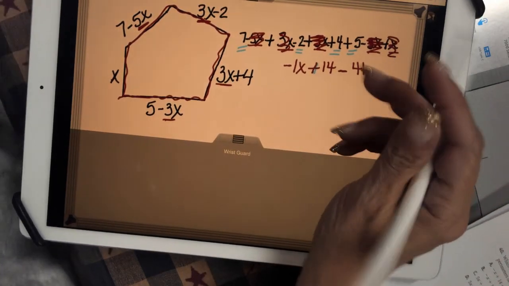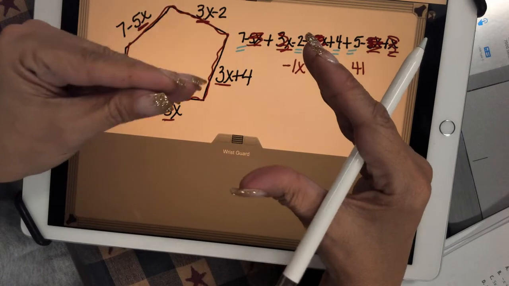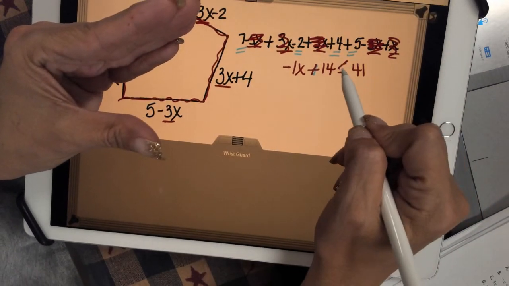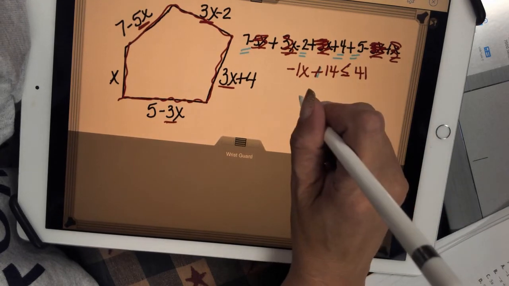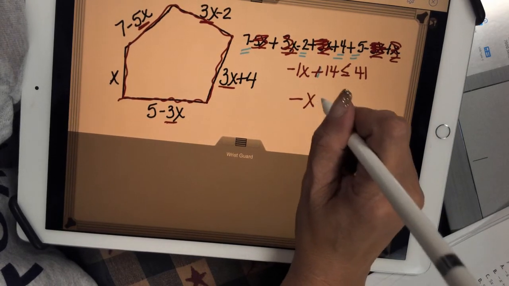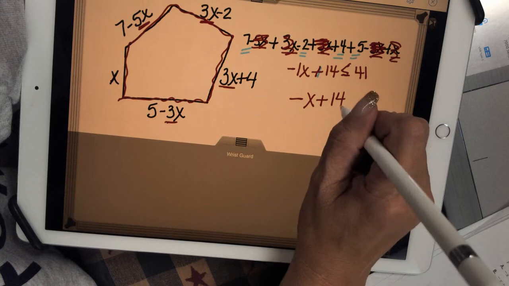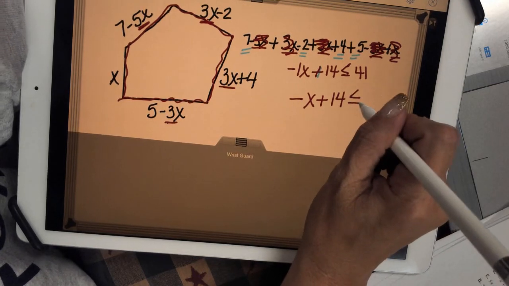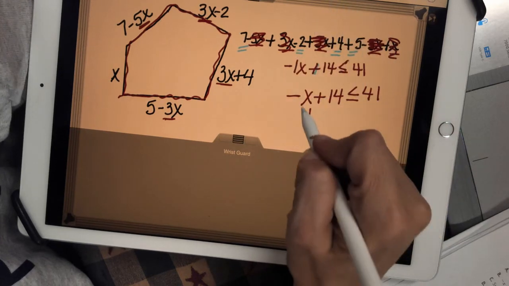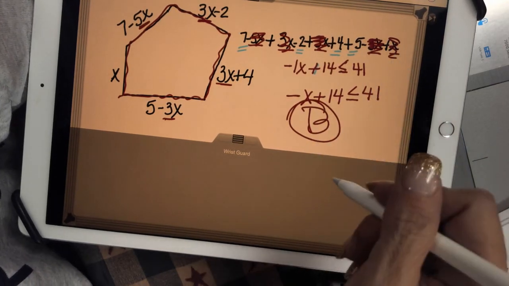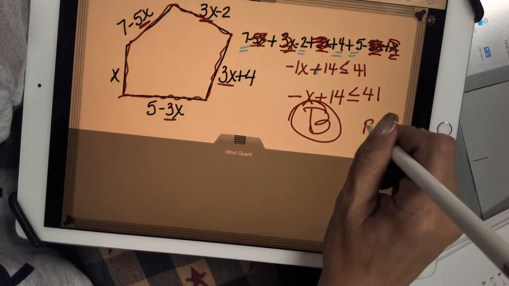Yeah, less than 41. So remember your L's. This makes an L, so it's going to go this way. I need this to be less than 41. So my inequality is negative x plus 14 needs to be less than or equal to 41, which if I'm looking right, I think that's B. That's a terrible B, but it would be B.